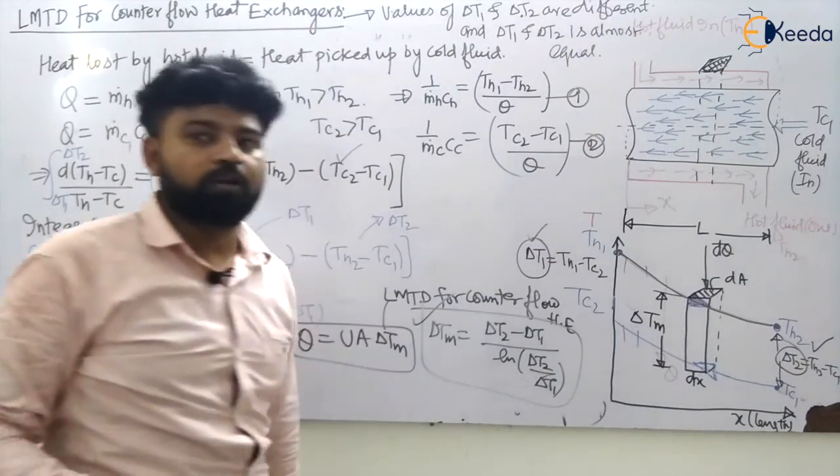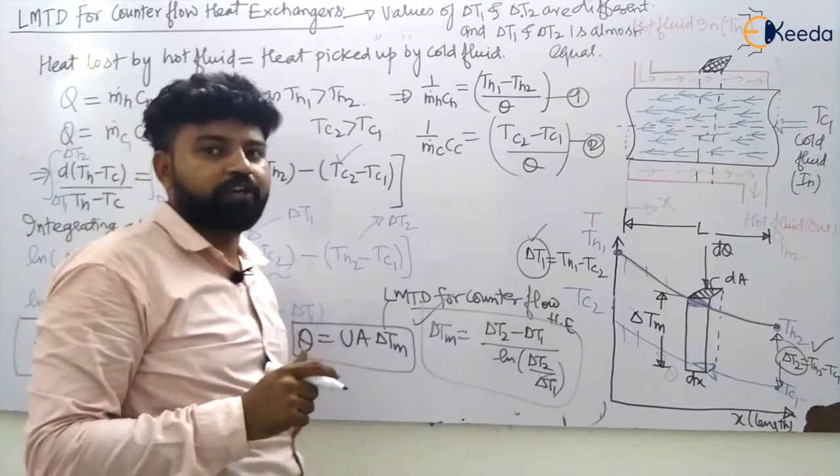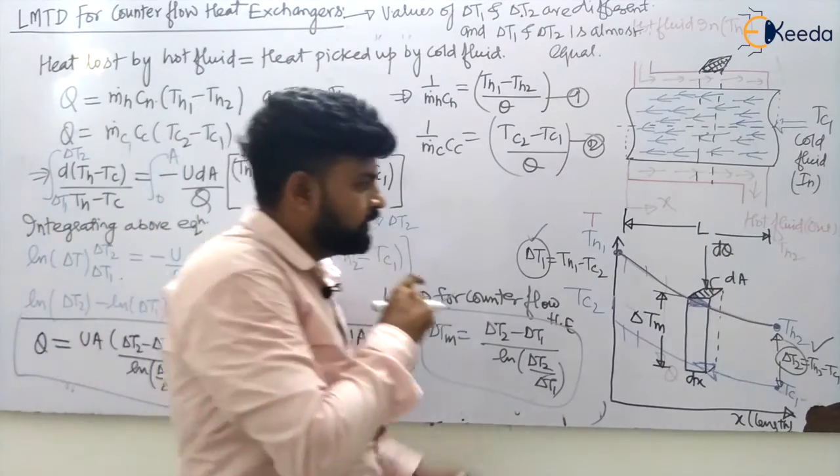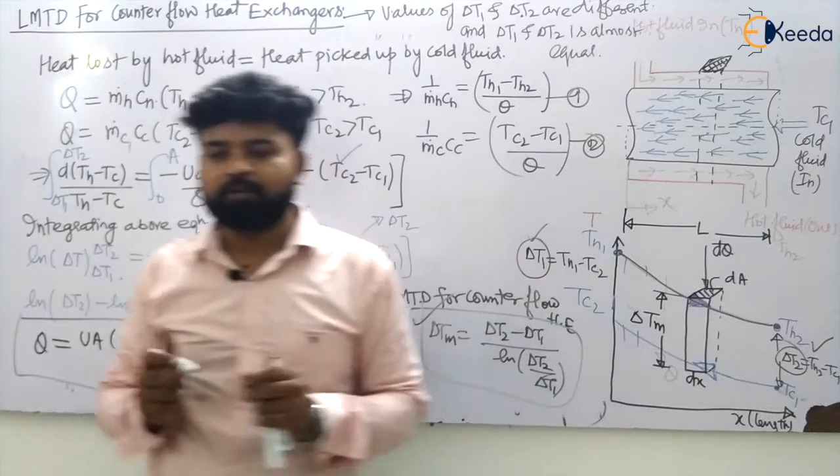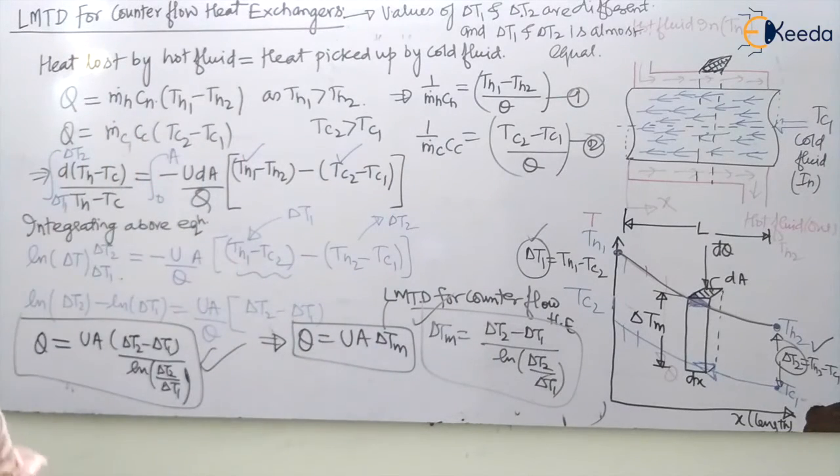There is no variation in the temperature difference along the length, or rather there is less variation. I'm not telling you that there is more variation or not. So what we can conclude from here, let us see.